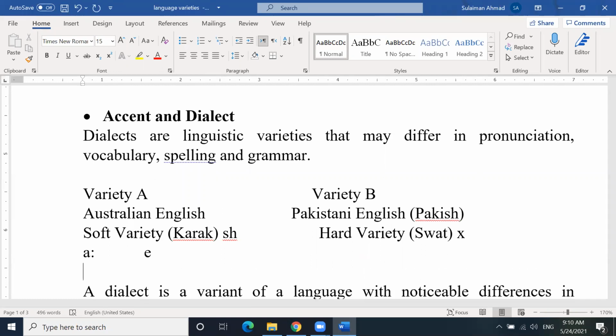But if we talk about the phonological differences, lexical differences, spelling differences, and grammatical differences between these two varieties of the Pashto language, then we refer to them as dialects. The Banu dialect, Swat dialect, Malakand dialect, right? Like if we talk about the grammar, the people who belong to Karak say Salma Khajinai they, and Aslam Kha Alak da.